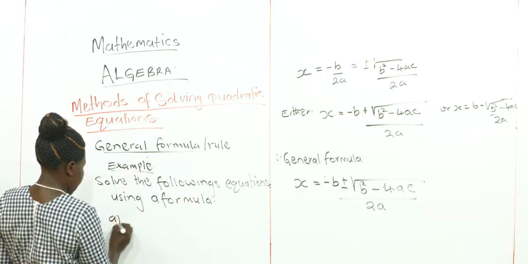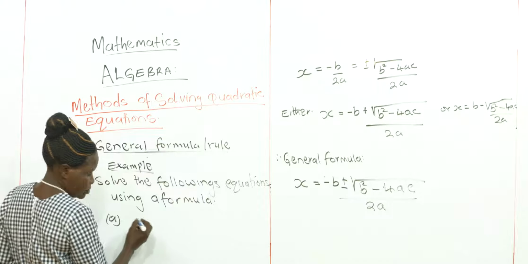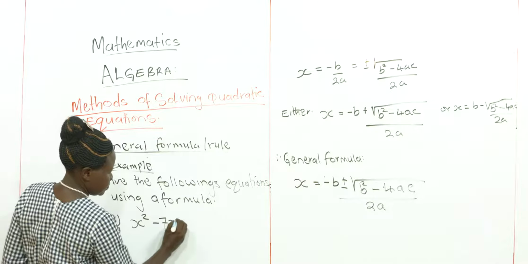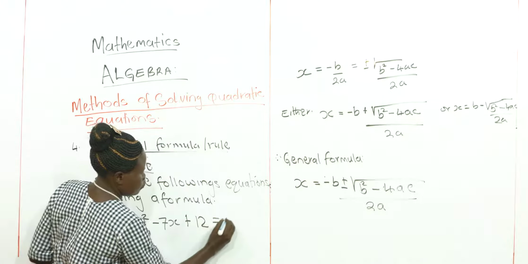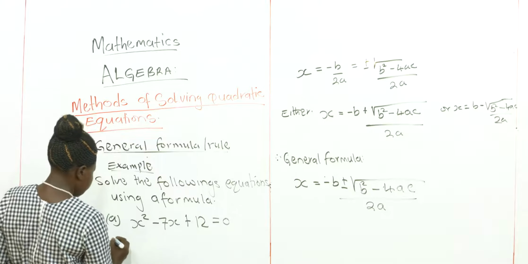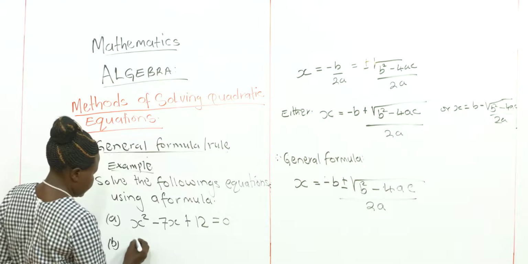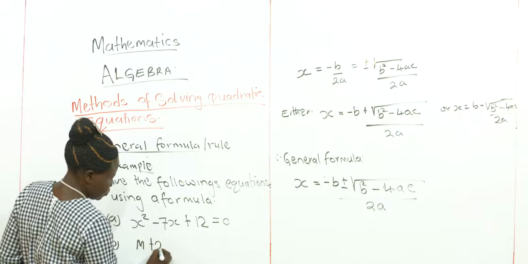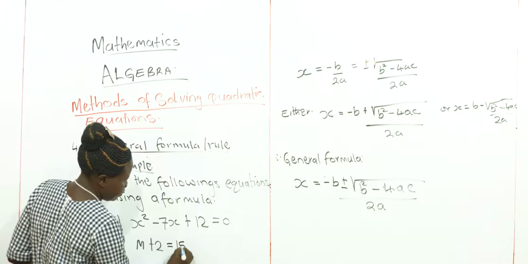And the questions are: a, x squared minus 7x plus 12 equals 0. And then we have b. Since it is algebra, they can change anything. They say m plus 2 equals 15m squared.